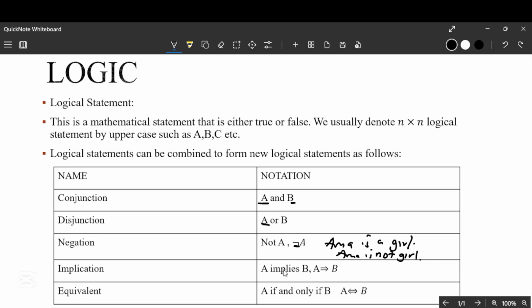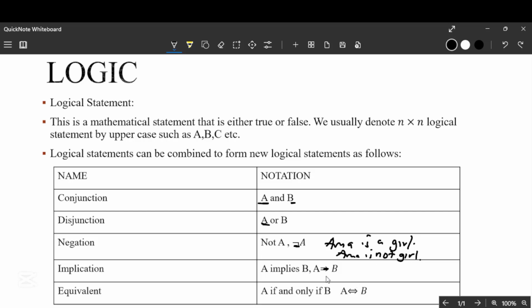Implication. If A implies B, this is the symbol for implication. What do we mean by A implies B? A typical example is: if I study hard, I'll pass the examination. So A implies B means that if I study hard, then I'll pass the examination.